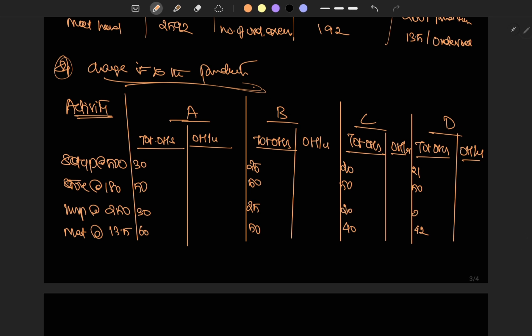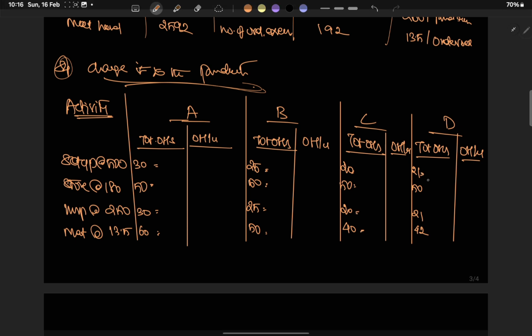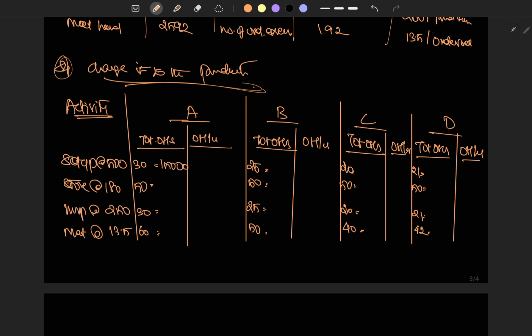So let's copy the values and multiply this up to find the values for all the concerned products. 500 into 30 gives us 15,000. 500 into 25 gives us 12,500. 500 into 20 gives us 10,000 rupees. 21 gives us 10,500.